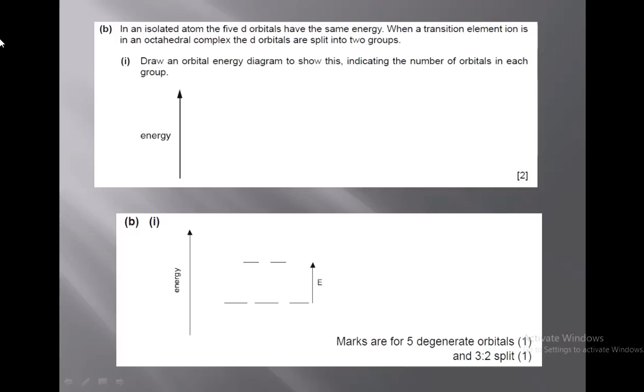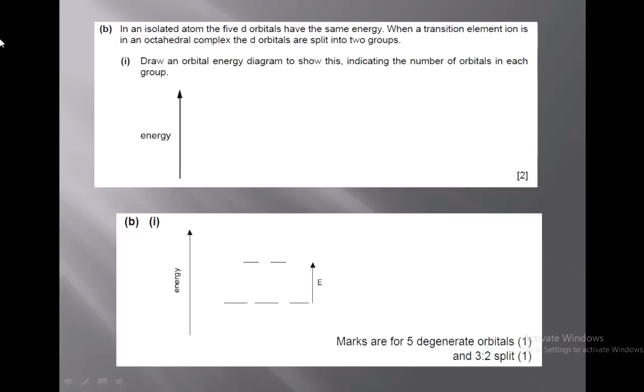As we know, the d orbitals are degenerate orbitals, they have equivalent energy. So when the complex is formed by the linkages with the ligands, they are split into two groups. In the case of octahedral complexes, that is the eg and t2g groups.